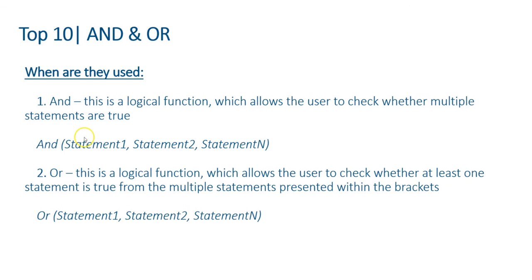It is going to show false if one statement, for example, is false, and it is going to show true only in the case where all statements are correct. Whereas OR will show true when at least one of the statements that we have added is true. So if we have 3 statements, as in this case here, and 2 of them are false and 1 is true, it is going to show true.